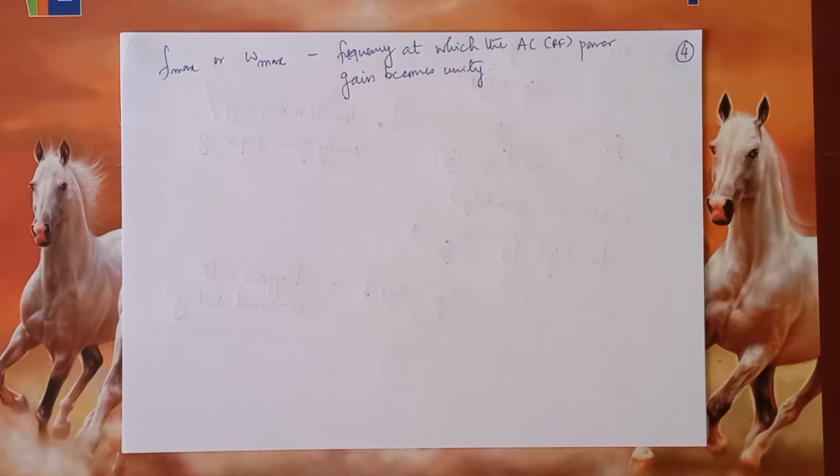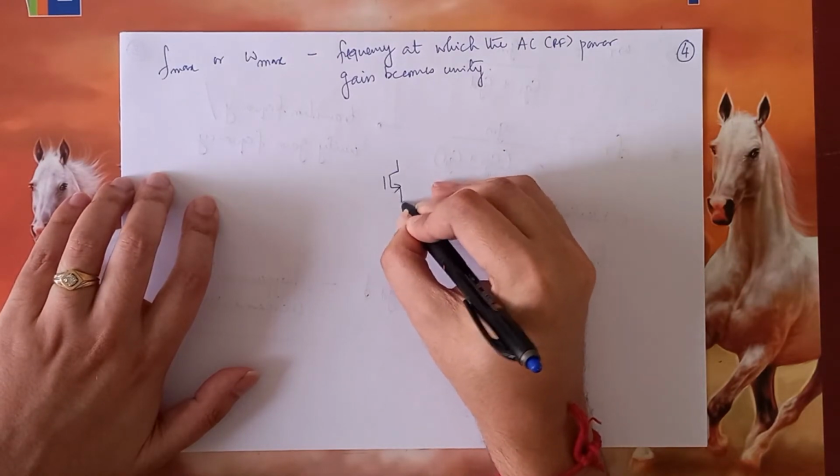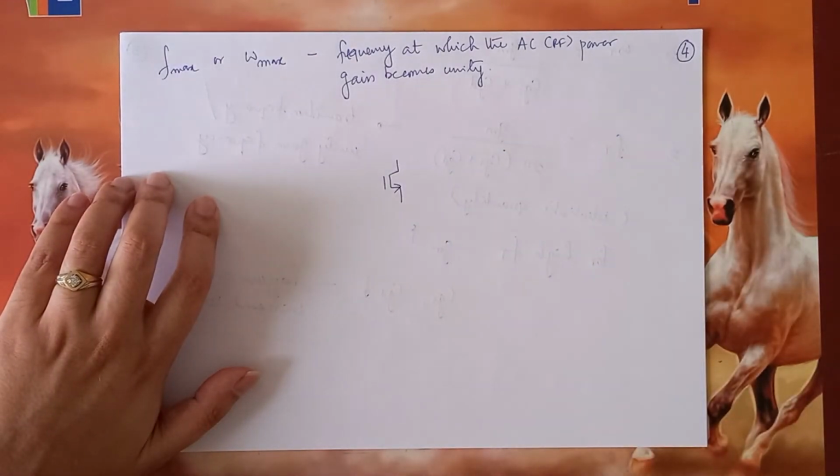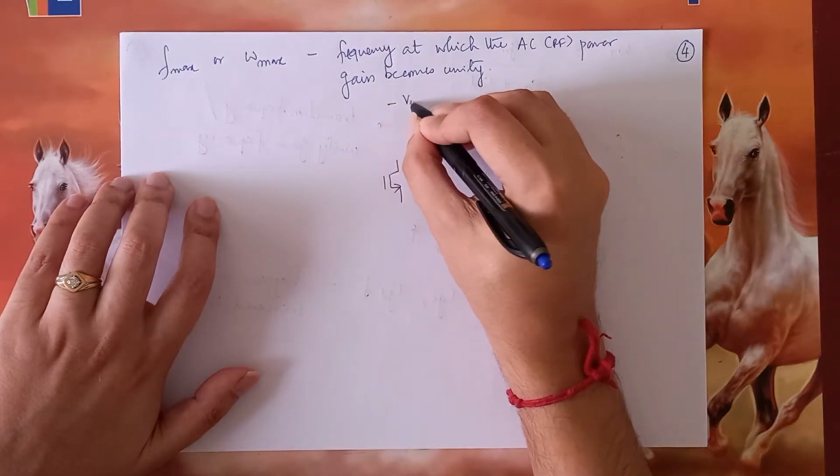usable power. So suppose we are biasing the MOSFET in such a way that it is able to consume some power at the input and it's able to deliver power to a load. So it's like saying I have the MOSFET over here. Let's say I'm biasing it in such a way that this is VDD.